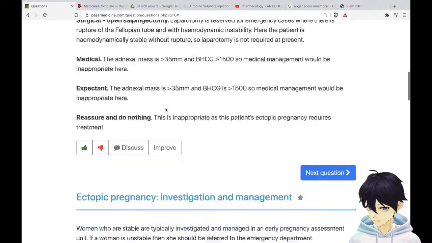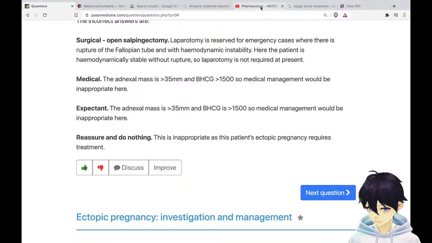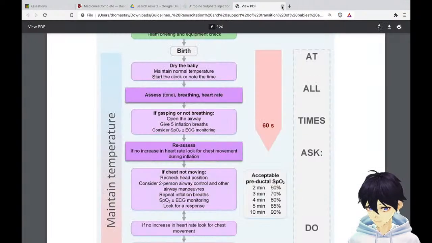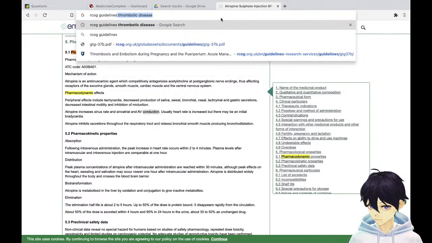I think there's an RCOG guideline for this. Let's have a look. What are we looking for? Ectopic.